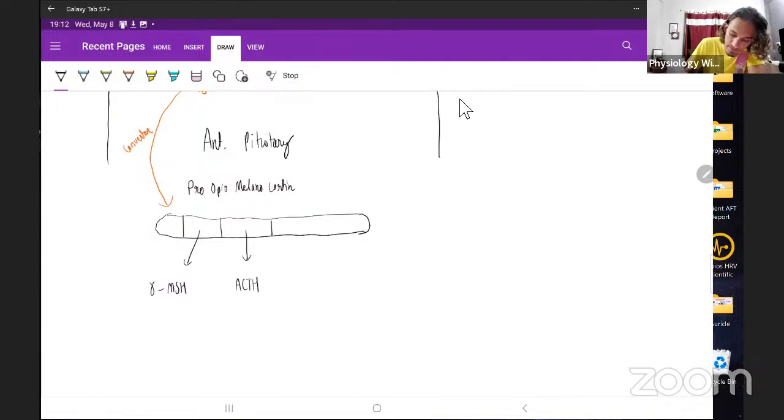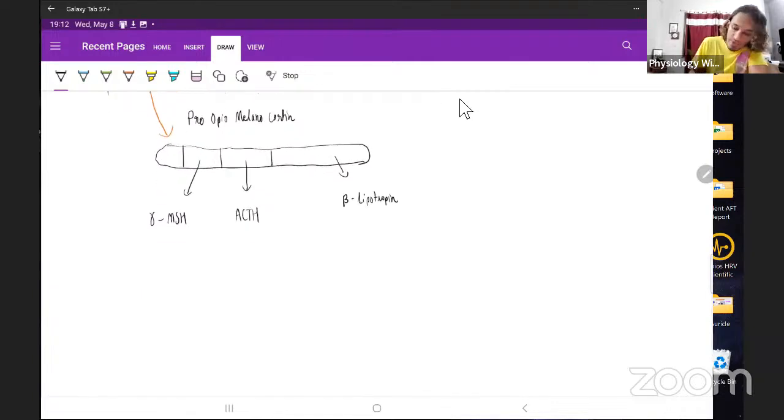Beyond this, we have another component, which is your beta lipotropin. This beta lipotropin again will be split into various components, for example gamma lipotropin, your beta MSH, and your beta endorphin.